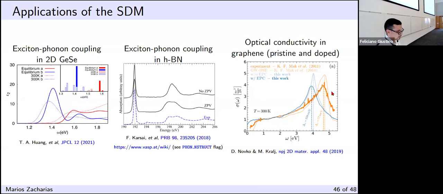So the authors of this work have applied the methodology to evaluate the optical conductivity. And we see here that by including electron-phonon coupling effects, of course, you get the renormalization of the electronic structure, and you get the correct shift that also matches if you apply this shift on the GW optical conductivity calculations to match the experiment, actually, and also the broadening of your conductivity.